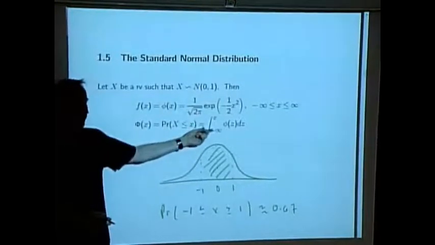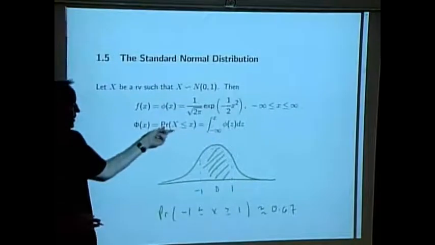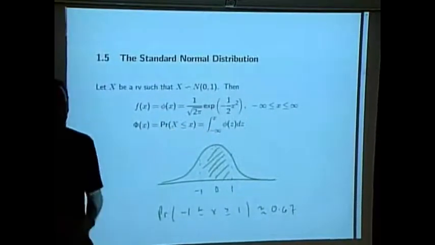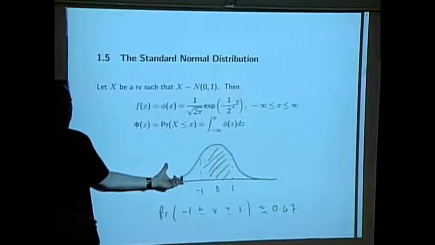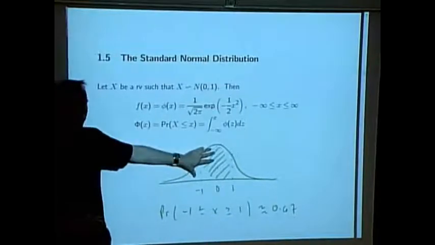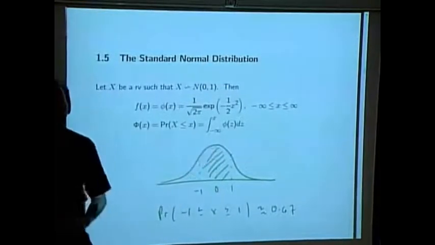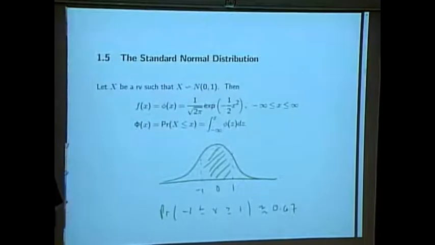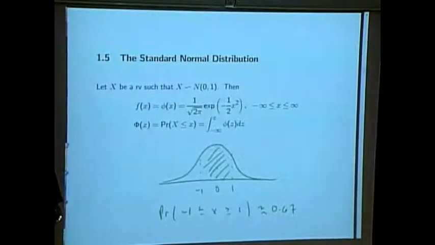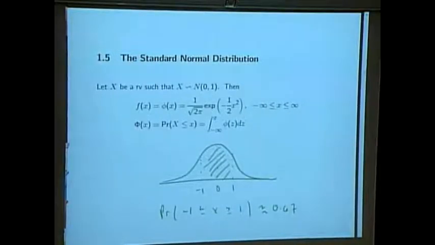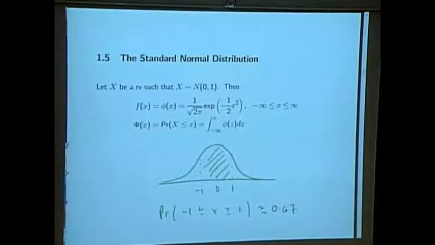So we don't have a closed form mathematical expression for what this integral is. So if we want to calculate areas under the normal curve, then we have to numerically approximate the area under the curve. And software programs like Excel and R have numerical routines that give you very accurate results for the normal distribution.